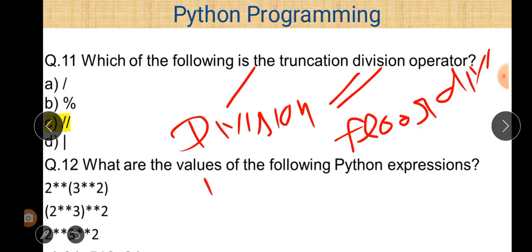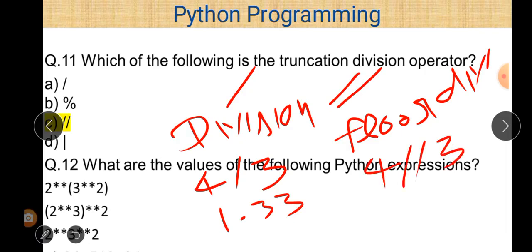For example, if we divide 4 divided by 3, our answer is 1.333 when the division operator is there. But when we take floor division and we write the expression 4 double slash 3, our answer is 1. So basically the floor division operator always returns the integer part of the expression, whatever we get after the division. And again I told you that there is no concept of rounding of the digit.